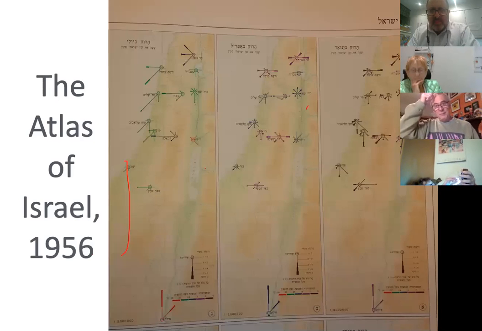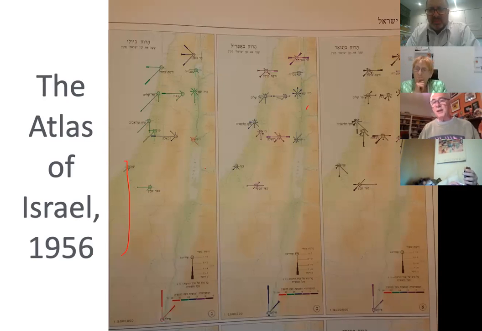This is a map which is showing prevailing wind direction, right? And each of these shows prevailing wind direction in a different month. They're very complicated maps. There's a lot going on in these maps, and I'm not going to try and explain it to you. But what I think is remarkable is that in 1956, the scientists were collecting the data and the map makers were drawing these maps.